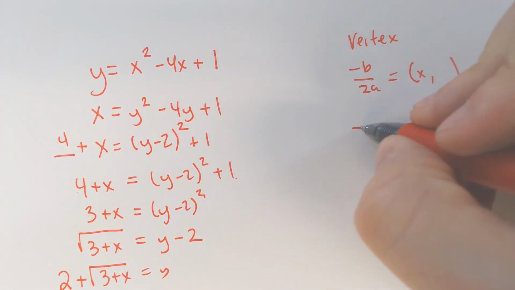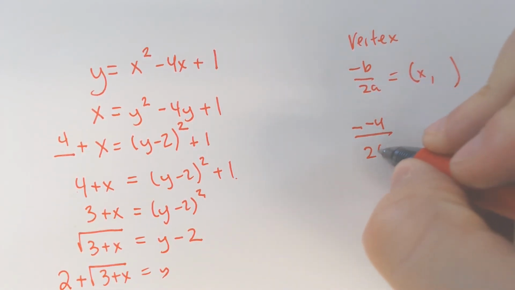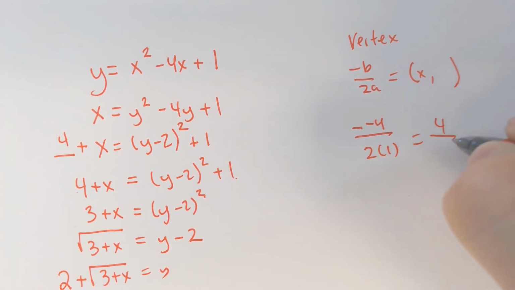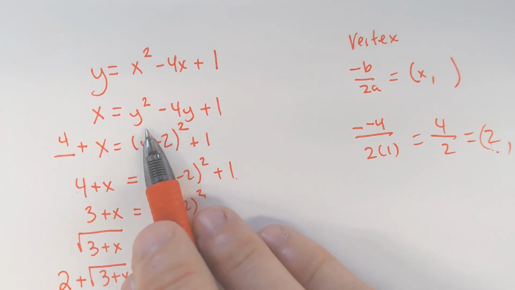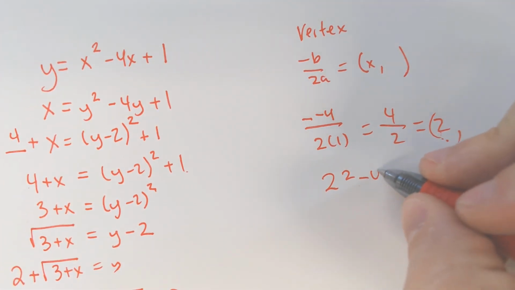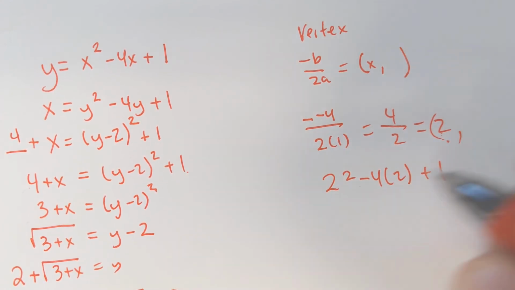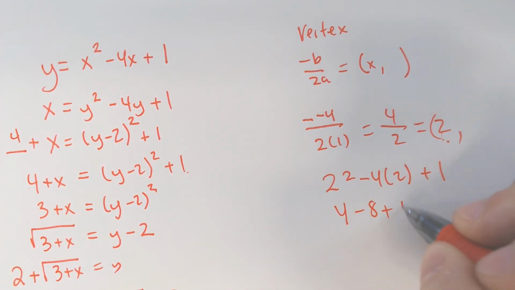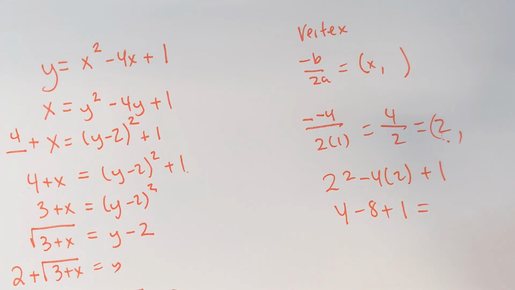So if we did negative 4 over 2 times 1, you'd end up with 4 over 2, which is 2. And then if we were to take that 2 and plug it back in, we'd have 2 squared minus 4 times 2 plus 1, which would be 4 minus 8 plus 1, which is negative 4 plus 1 is negative 3.